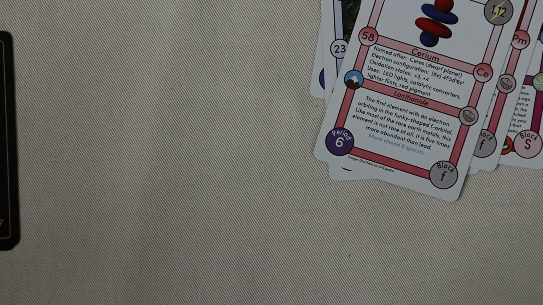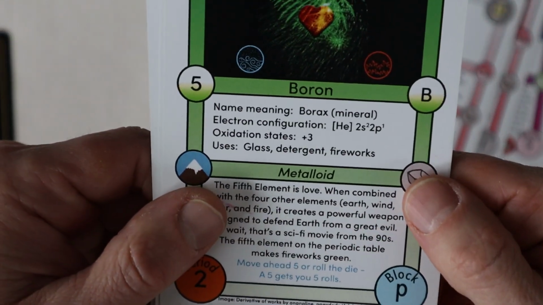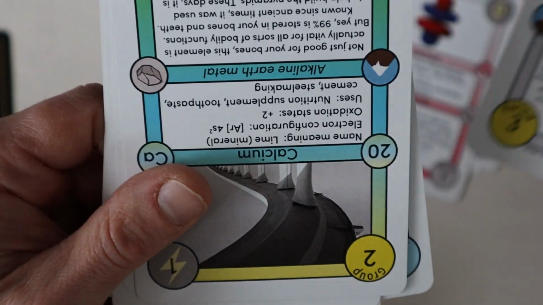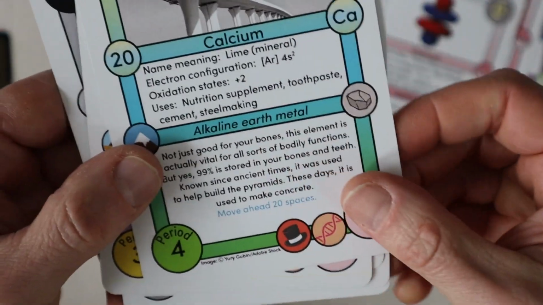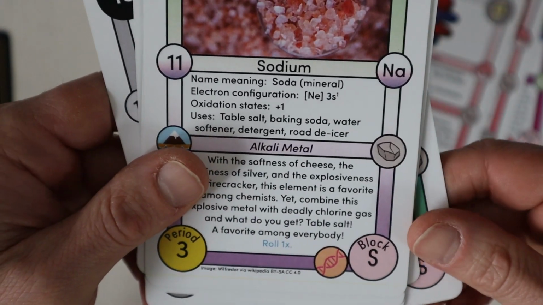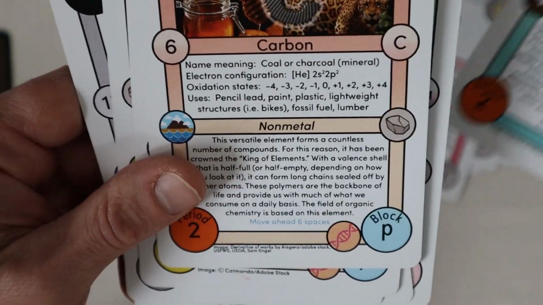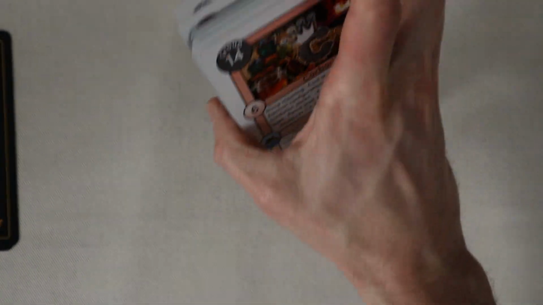And here I have a hand made up of all elements that were named after minerals. So yeah, there you go. That's how you make hands based on what elements are named after.